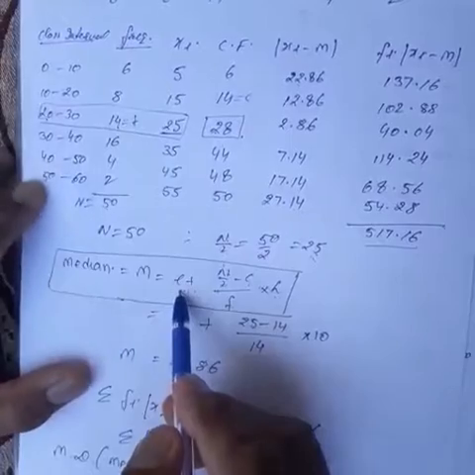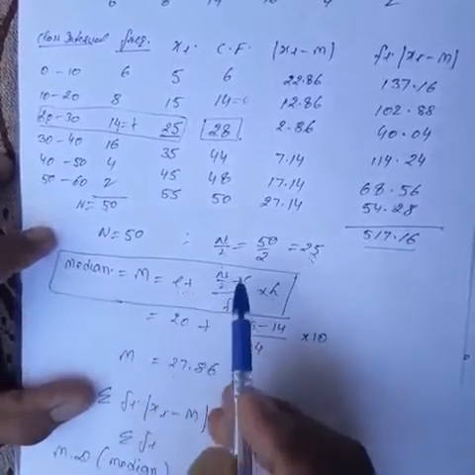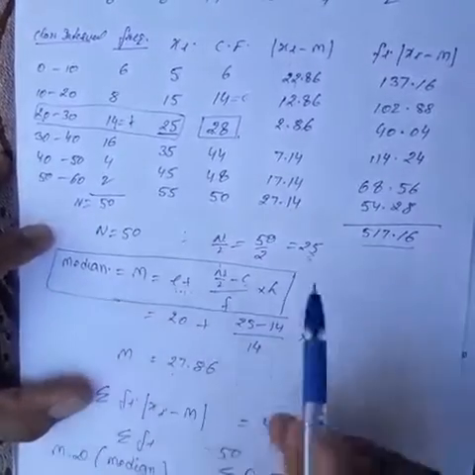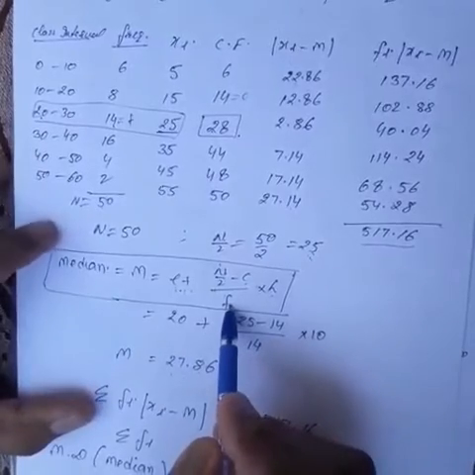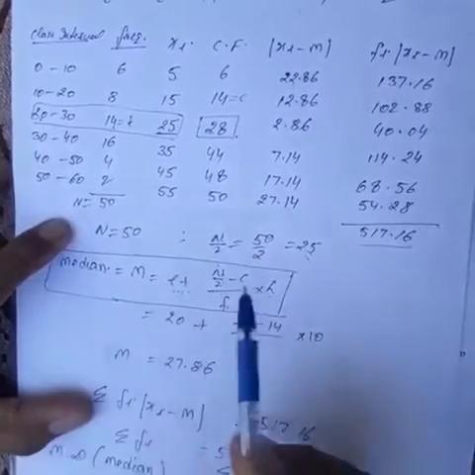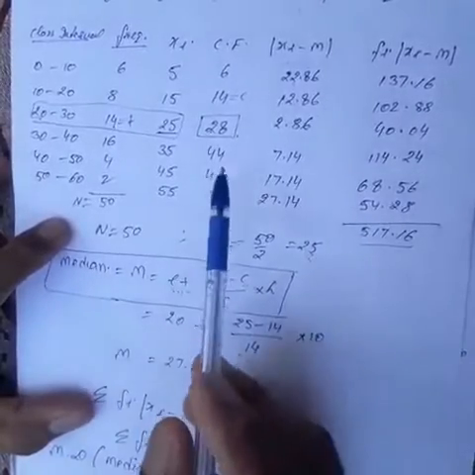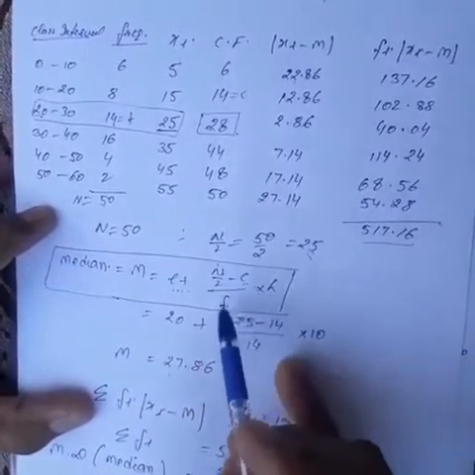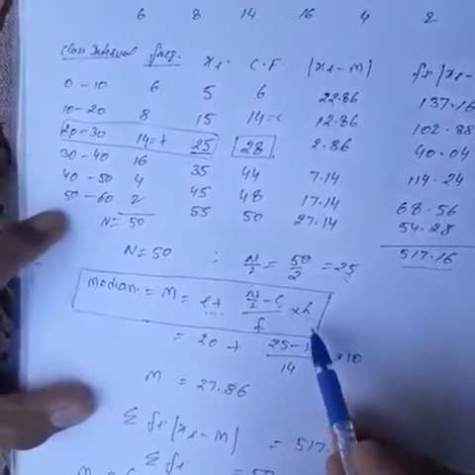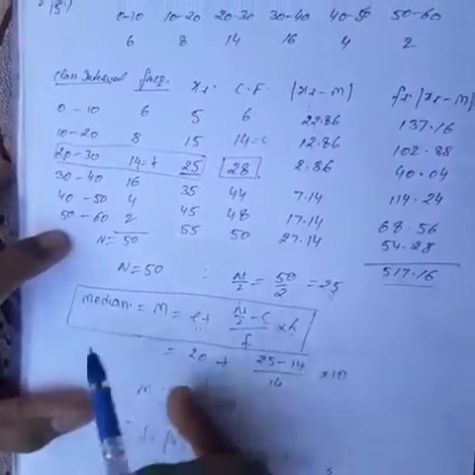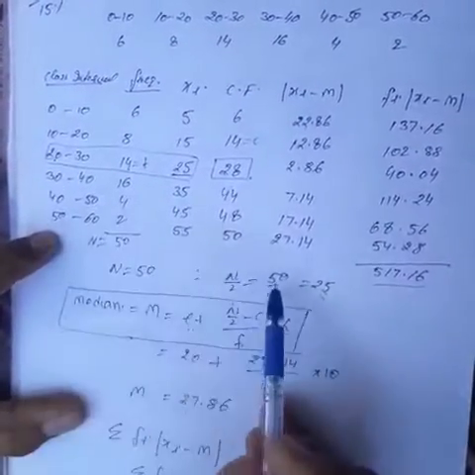What is L? L is the lower limit of the median class, n is the sum of all frequencies, F is the frequency of the median class, C is the cumulative frequency of the class just before the median class, and H is the width of the class interval.